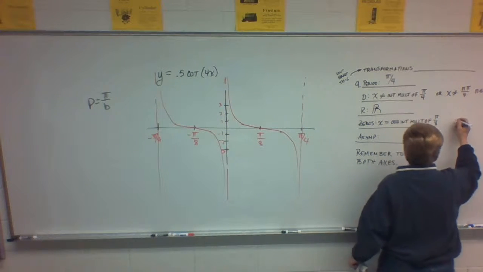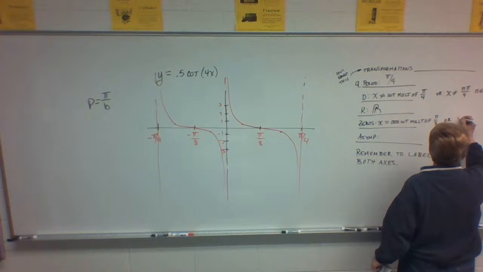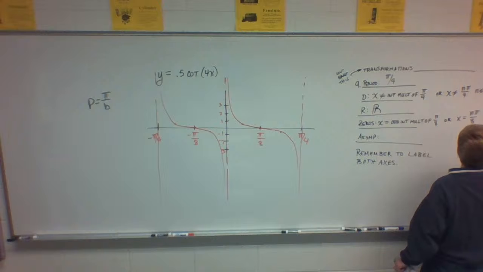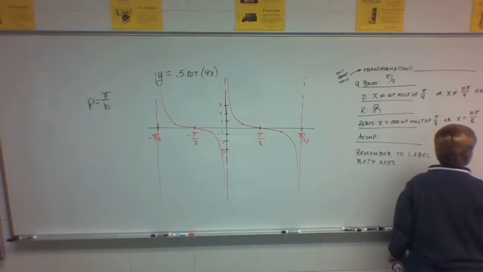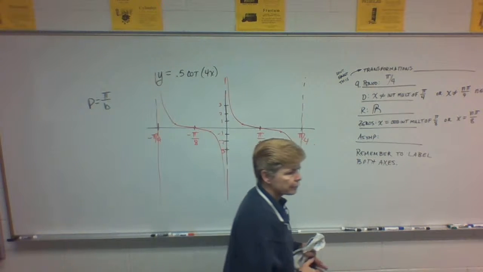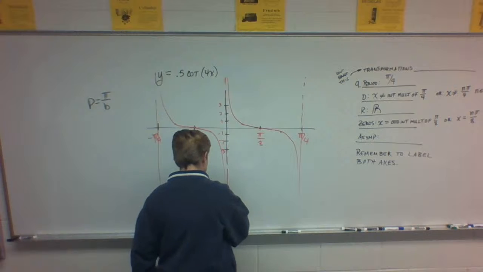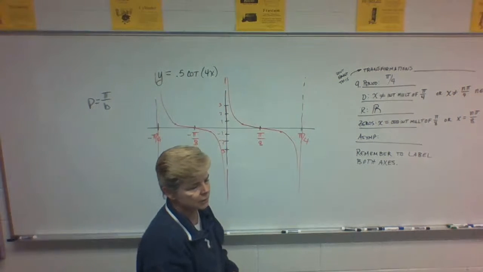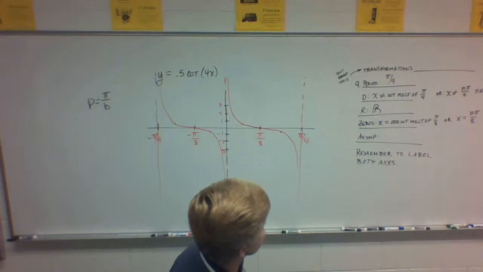You could also write this: x equals n pi eighths, n an element of the odd integers. So you've got to be kind of mathy about this.